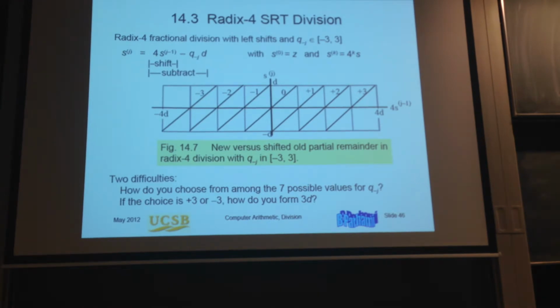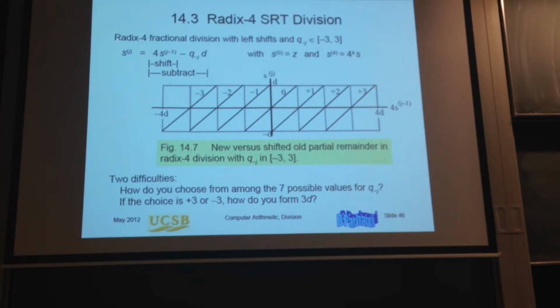Okay. Now, let us make our first step towards a really fast division. This is radix 4. What is happening in radix 4, as I said, is that I shift by 2 positions, and now I have to subtract something.